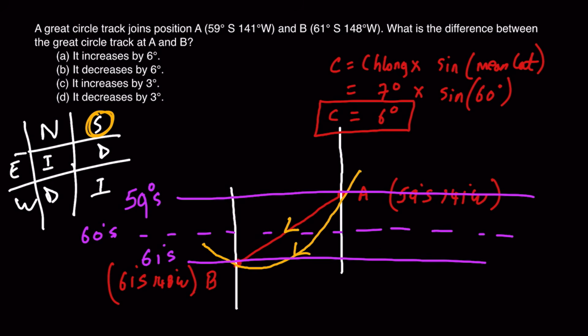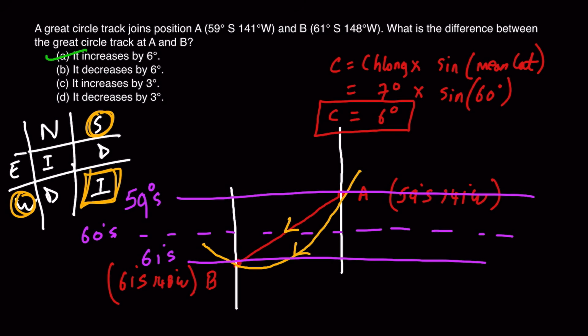Okay, let's say it is A to B because we've been asked the difference between the great circle track at A and B. So we are going from A to B. A to B means we are traveling west. So south and west it is I, which is increasing. So the correct answer is increases by 6 degrees, which is alpha.